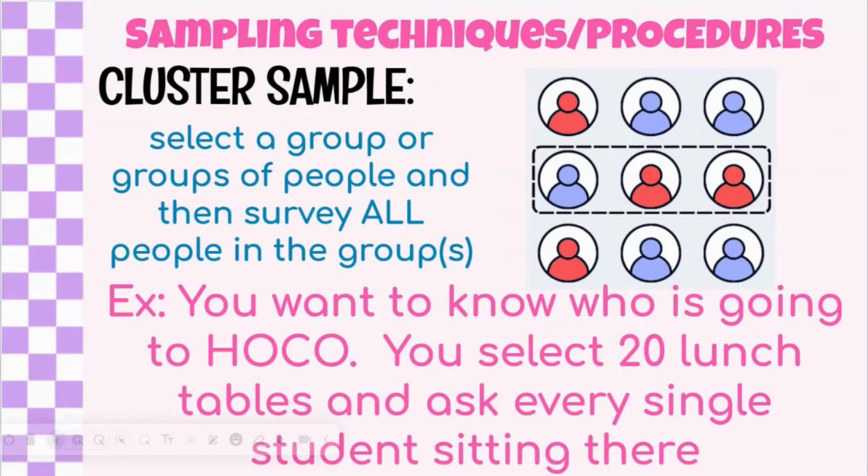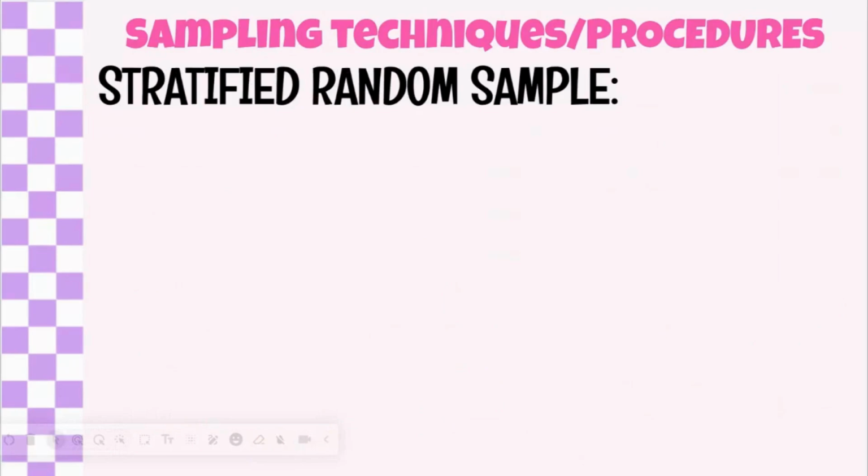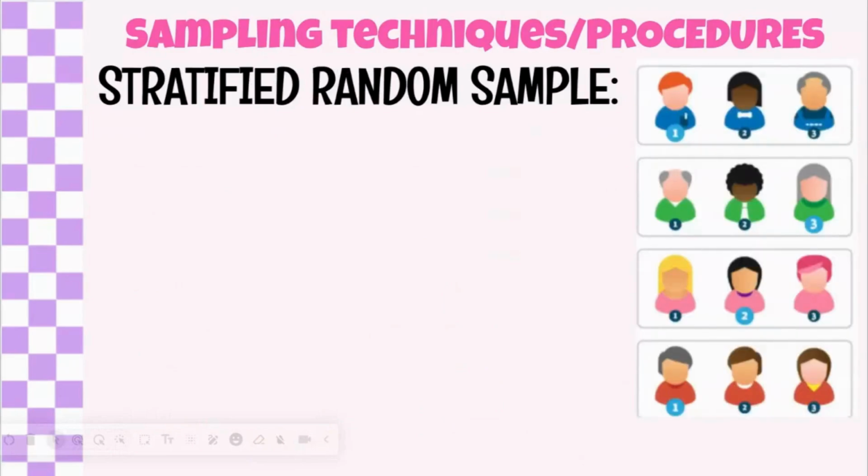That's very commonly confused with the next one, which is called a stratified random sample. And a stratified random sample is kind of the same thing. So you'll see in this picture, people are grouped first by what color shirt they're wearing. And then they selected in the top one, number 1, number 3, number 2, and number 1. So then they're picking one person from each one of those groups.